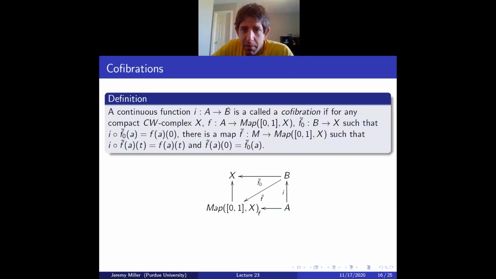So i from A to B is a cofibration if, whenever you have a map from A into this mapping space, and you pick a map from B into X, which you can think of here, you should think of X as maps from 0 into X.